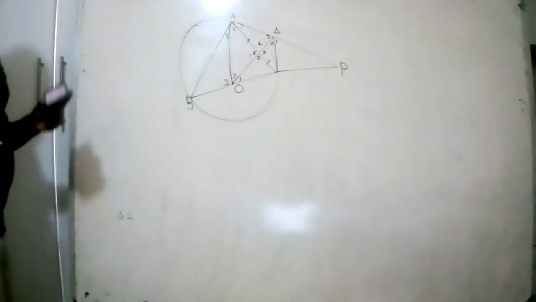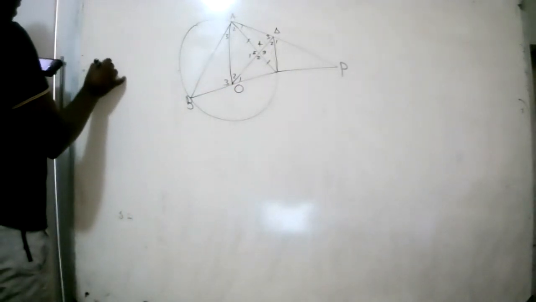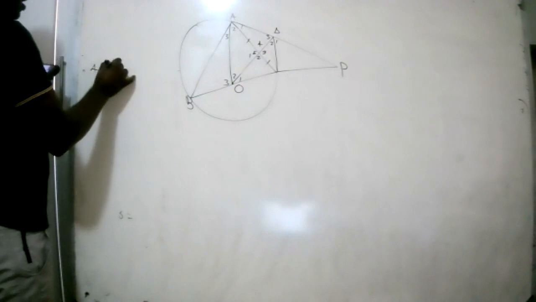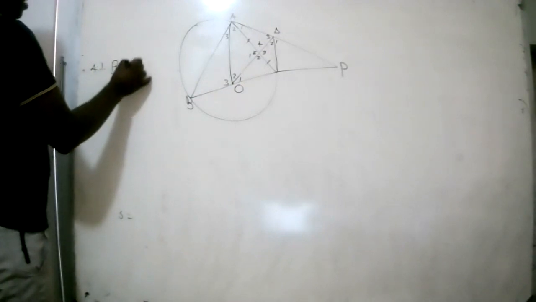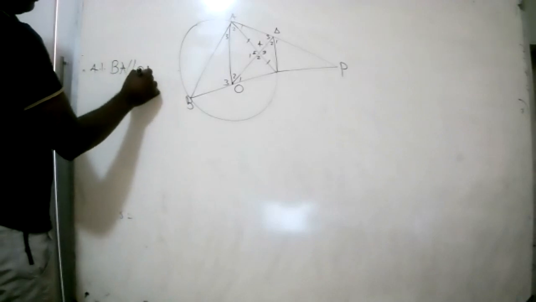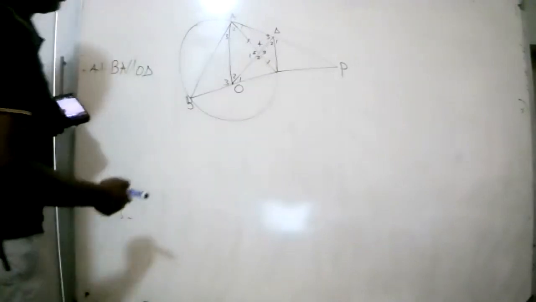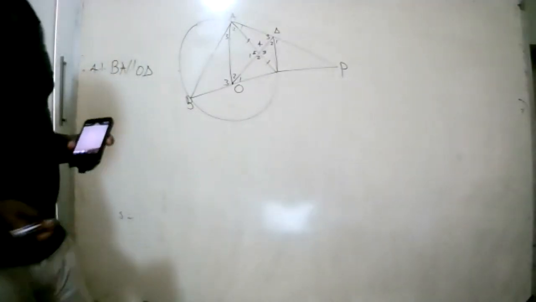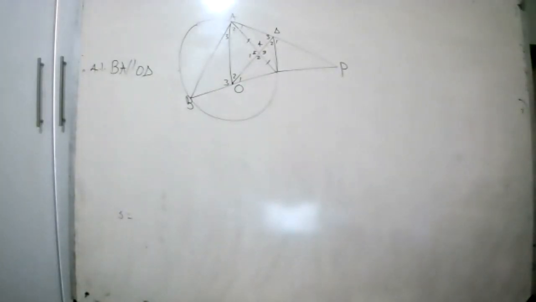So let's try to answer the first question, which talks about proving that BA must be parallel to OD. So this line BA must be parallel to the line OD. So the question is, how are we going to prove this theorem?